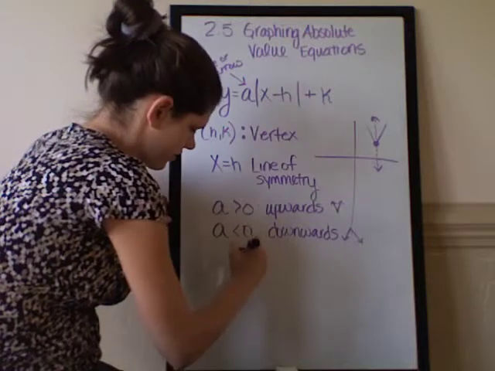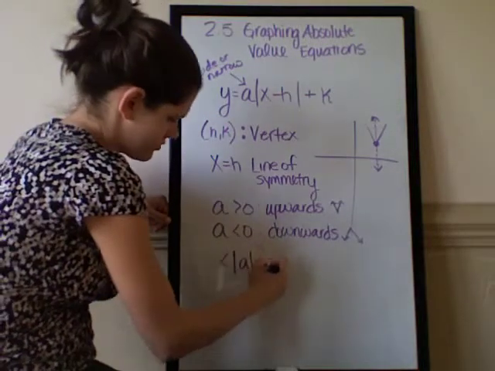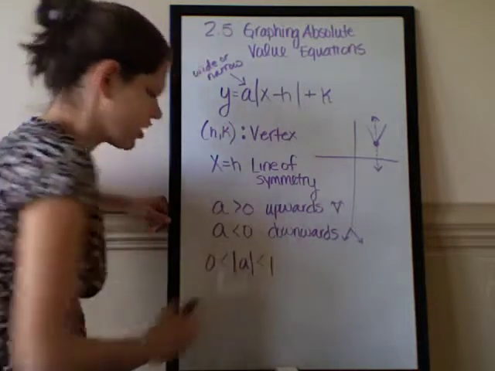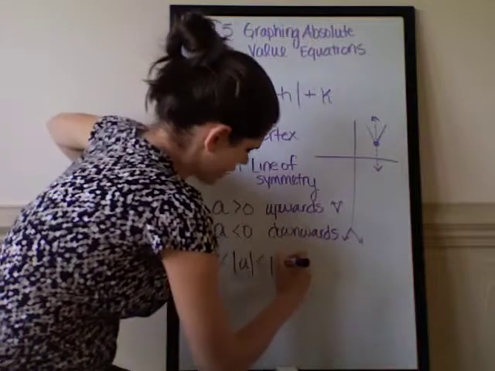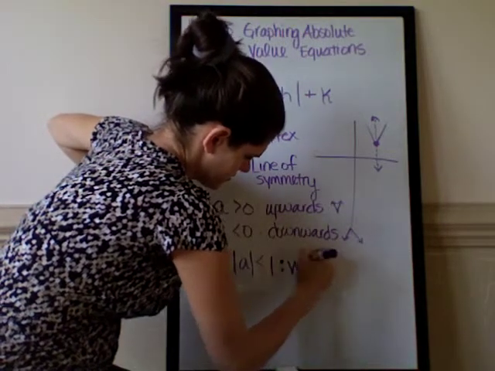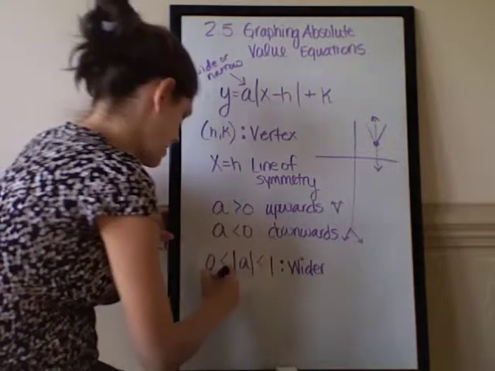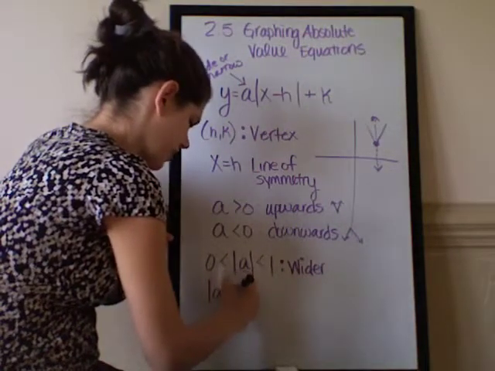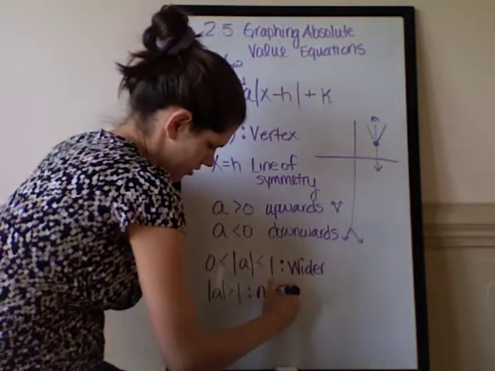If that value of a is between 0 and 1, so basically if it's a fraction, that means that my graph will be wider. And if the absolute value of a is greater than 1, that means I'm going to be narrow.